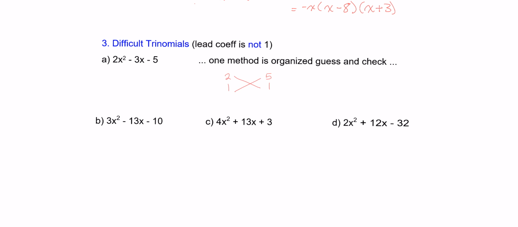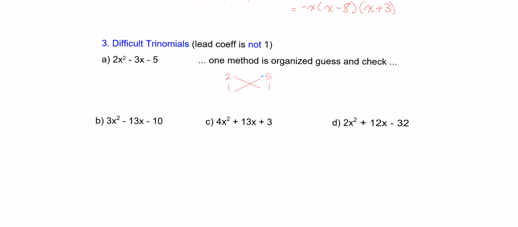So now what we have to do is figure out which one's going to be negative and which one's going to be positive. Because we have a minus 3 here, I think we're going to have to test out a negative 5. Negative 5 times 1 gives us negative 5, plus 2 times 1, which gives us, oh wow, that works. That actually worked.